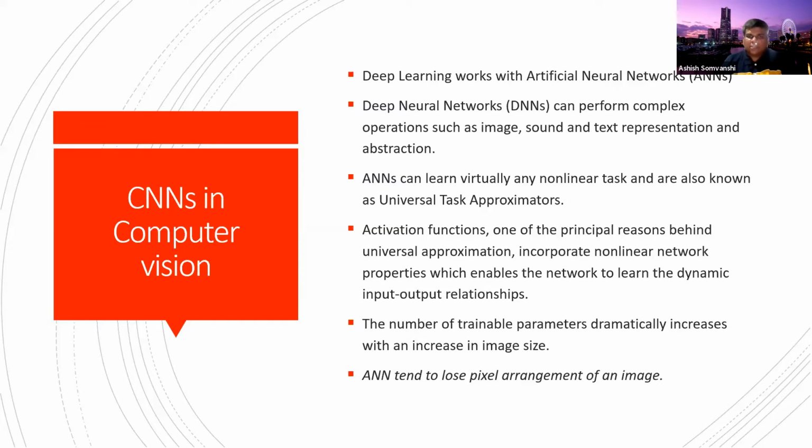Therefore, they were known as universal approximators. This brought in the concept of activation functions, which were responsible for incorporating nonlinear network properties. What does that mean in simpler terms? They could help us understand the dynamic relationship between the input and output.